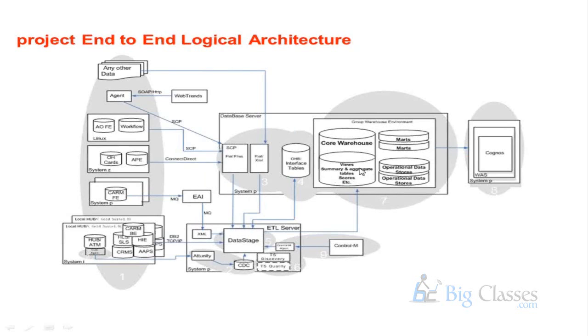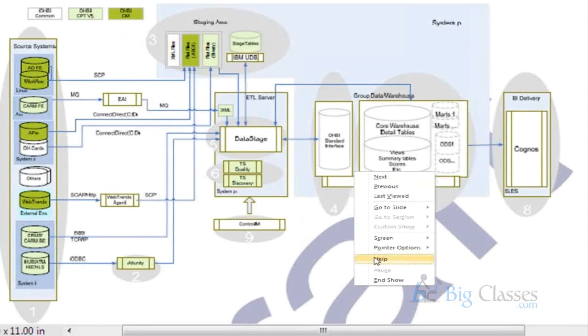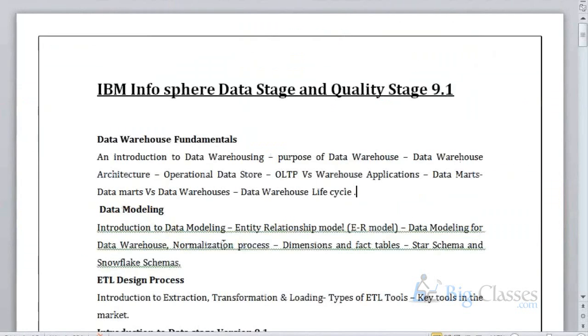When I am discussing the fundamentals of all these tools, you should also know how these technologies are used in projects. How DataStage is going to be useful in a project. How OLTP will be there in a project. To give a clear idea about the fundamentals, I will also discuss different architectures. These are simple project architectures we will discuss while I am discussing the fundamentals.